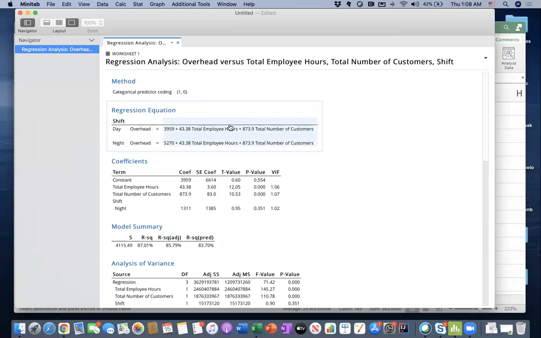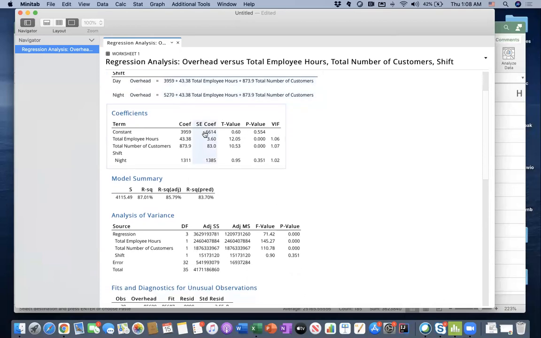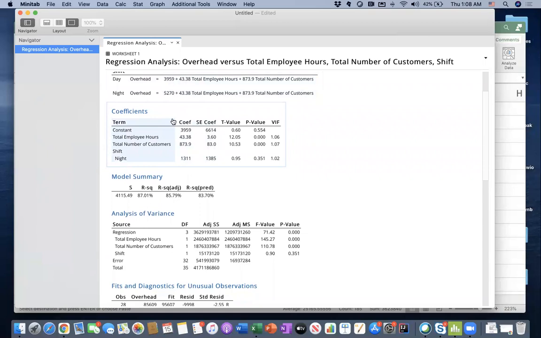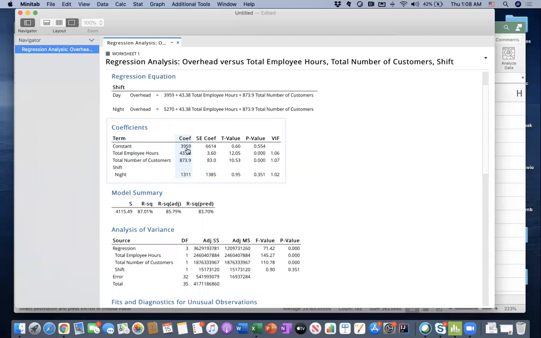Okay, so these are the two regression equations. If you don't have any categorical variable, you will only get one regression equation, okay? This coefficients table is very important, and it is basically telling you the coefficients that you saw in this equation.